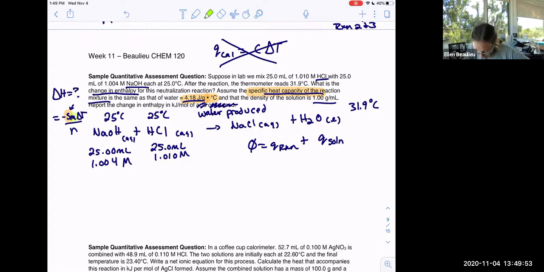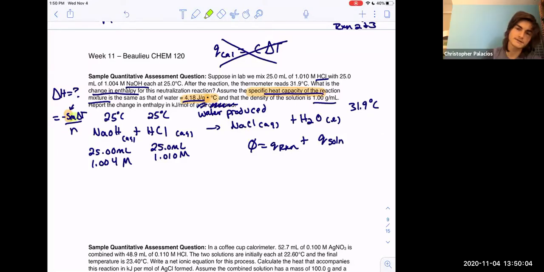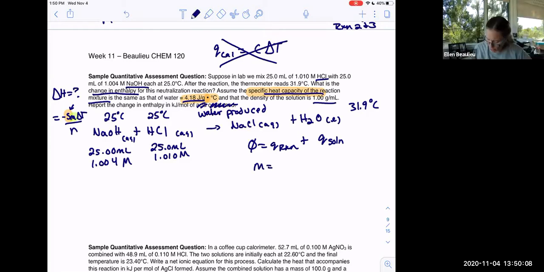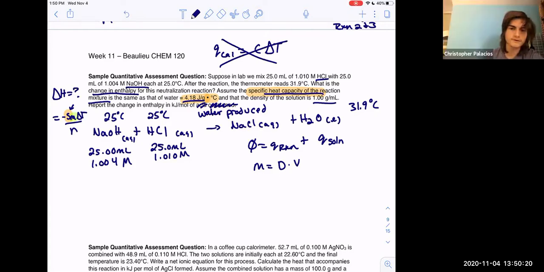Mass. How am I going to find the mass of the solution? Density. I'm going to use density and volume. Density times volume is going to be mass. What volume? Volume of HCl and NaOH.